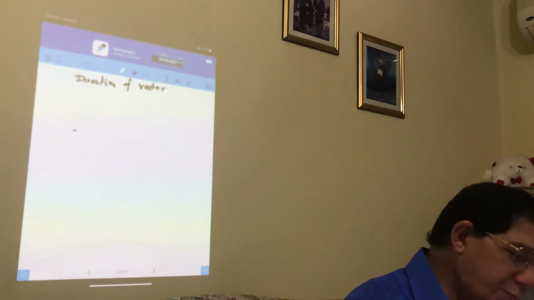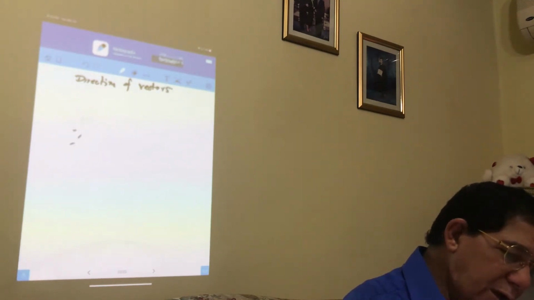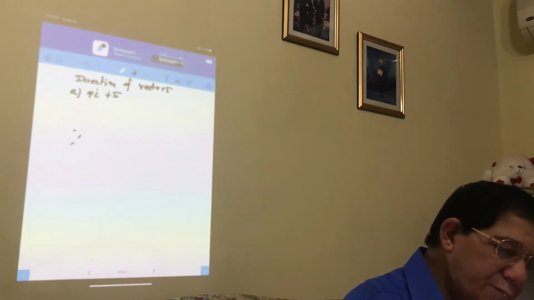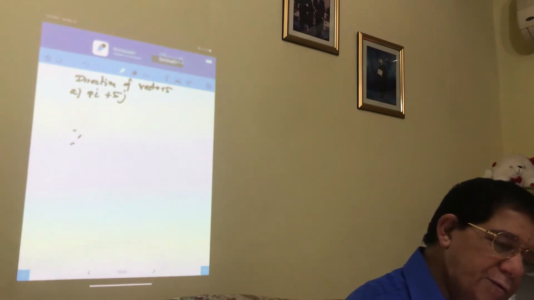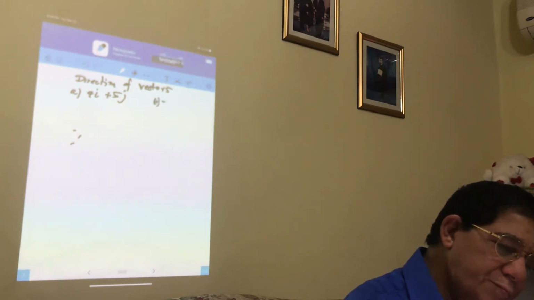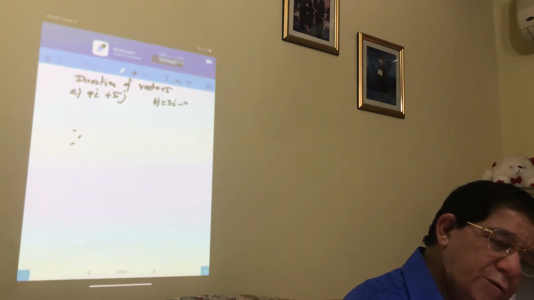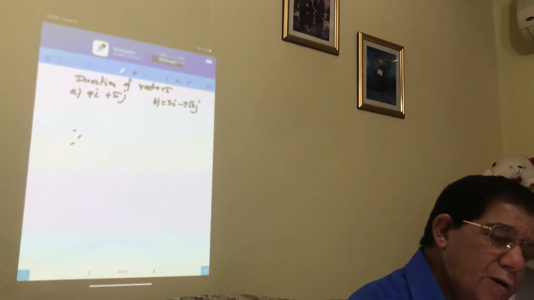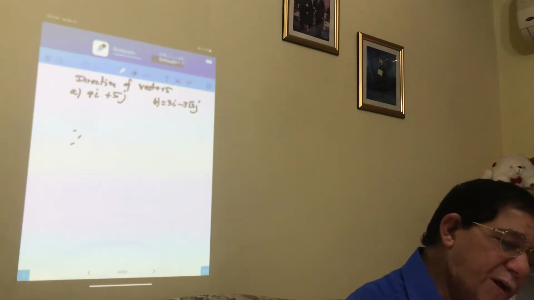For example, number A is 4i plus 5j, and then another one B, which is 3i minus 3 root 3 j. To get the direction of any vector, you must draw the vector.